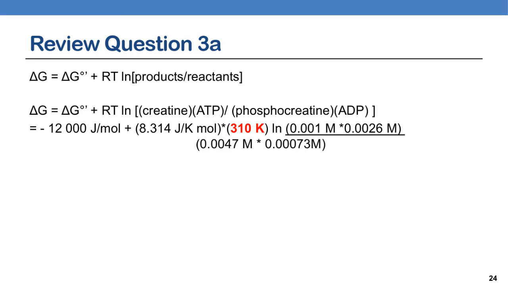Remember, our ATP free energy is minus 31, and the free energy of phosphocreatine is going to be minus 43. I think these were given in lecture, so the review questions were hoping that you go back and look at those values to get the standard free energy of the coupled reaction, minus 12.